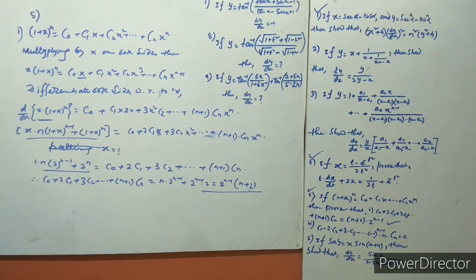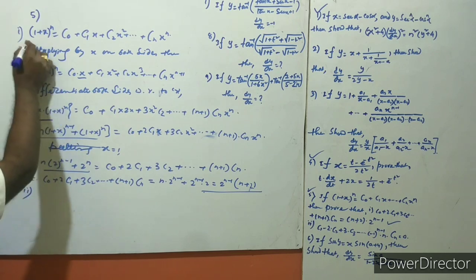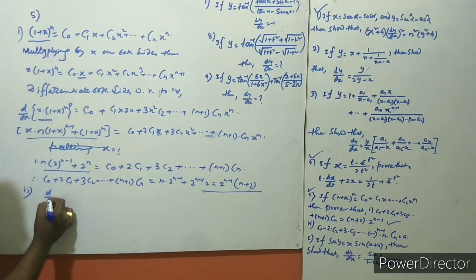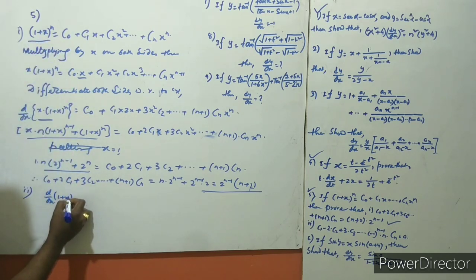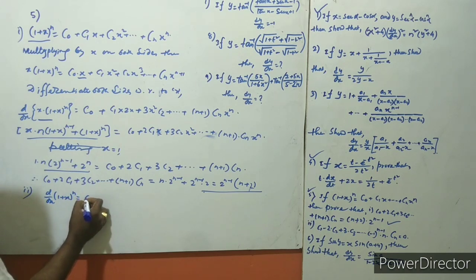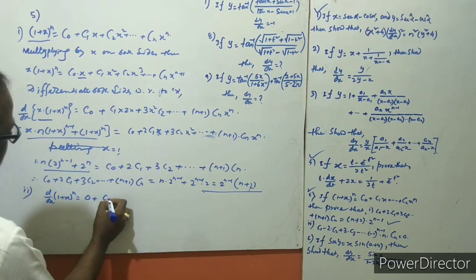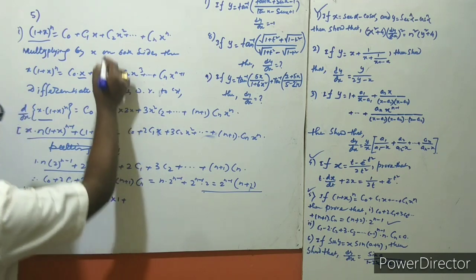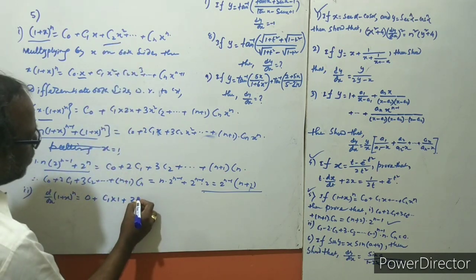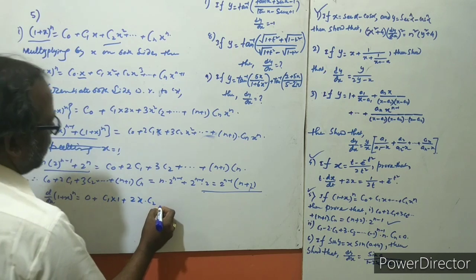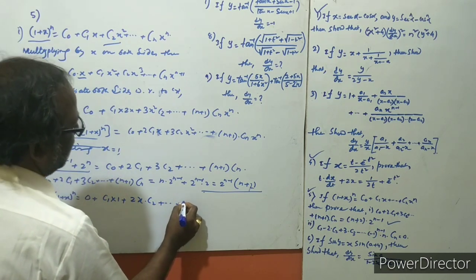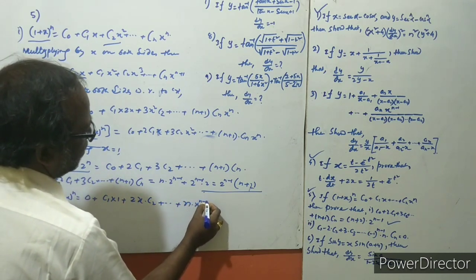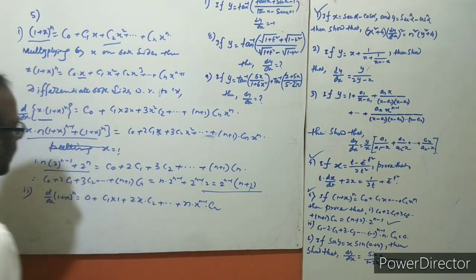And now for the second part, differentiate this. So d by dx of 1 plus x whole to the power n; differentiating, the constant is 0, and this is c1, then 2x c2, and then we get n into x to the power n minus 1 into cn.